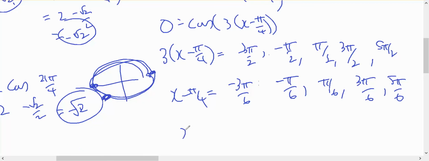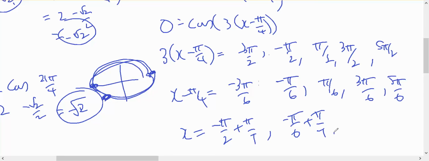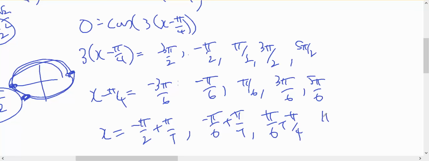And then I've got x equals minus pi on 2 plus pi on 4, and minus pi on 6 plus pi on 4, and pi on 6 plus pi on 4, and pi on 2 plus pi on 4, and 5 pi on 6 plus pi on 4.